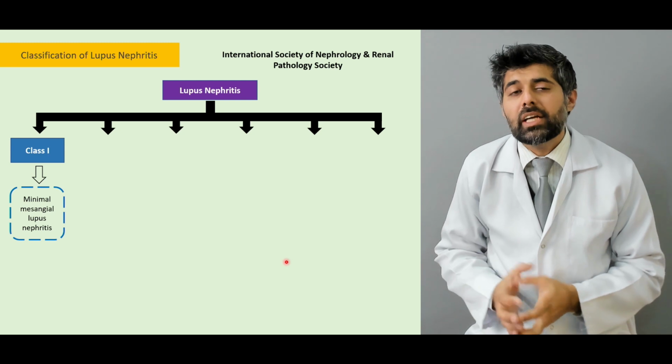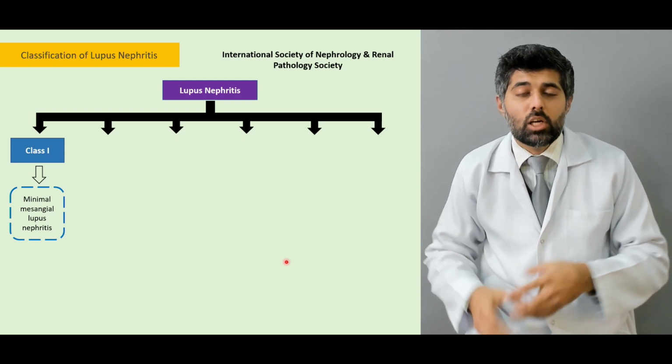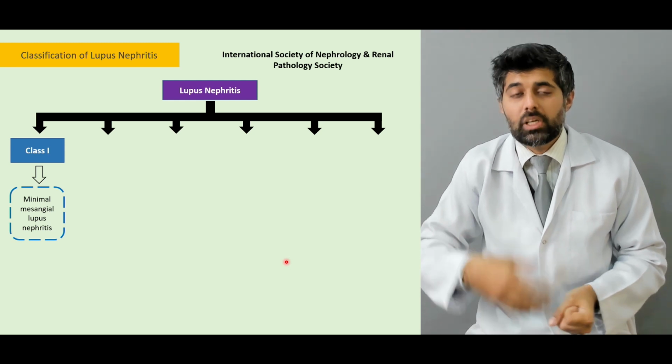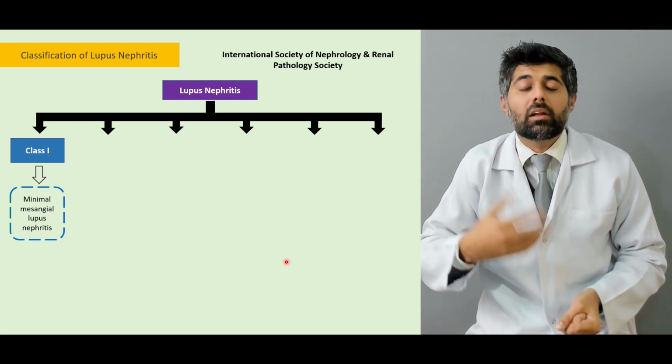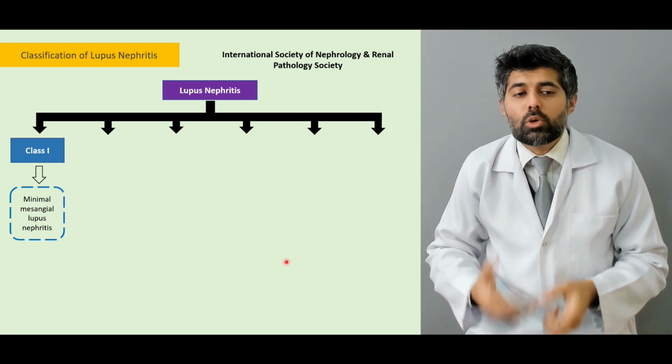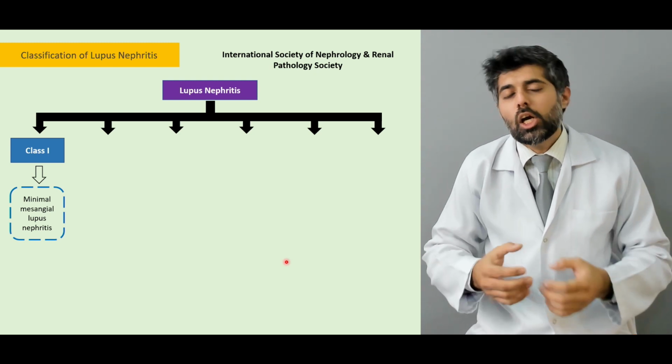So you cannot detect any change if you take a renal biopsy of the patient and view it through an H&E, or hematoxylin and eosin stain, and a light microscope. You can only view class 1 through immunofluorescence.